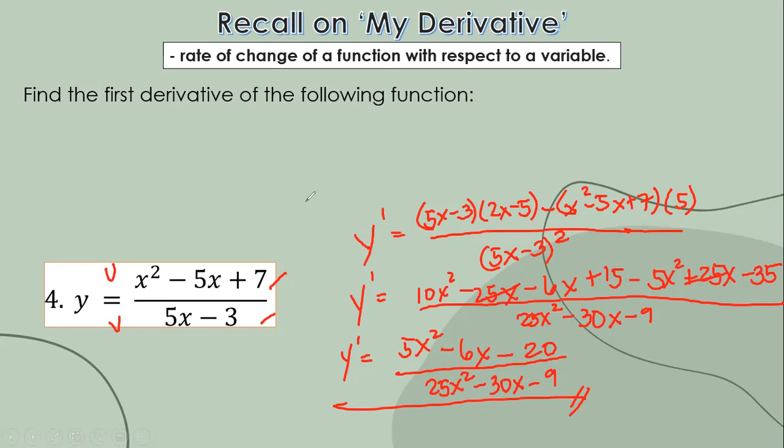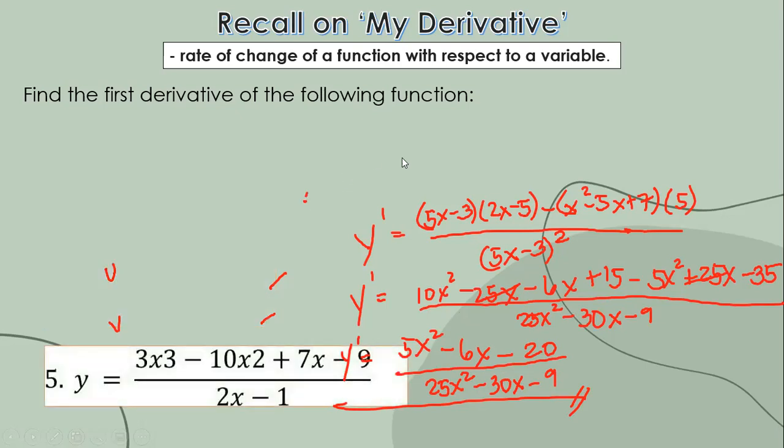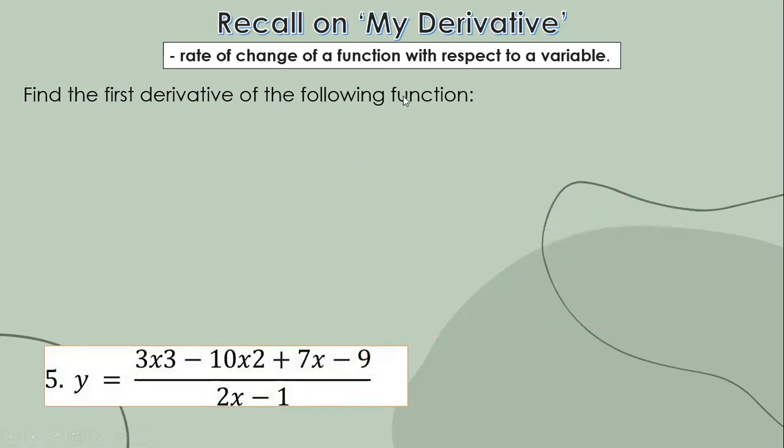Let's have number 5. All right. Okay. So this item, okay, so you may try it yourself. Okay. So like what we did in number 4, that is the quotient rule.